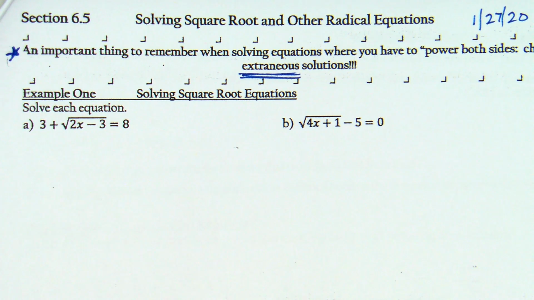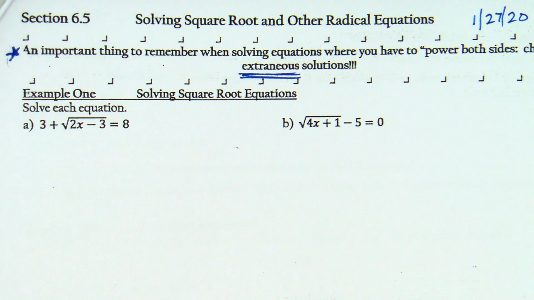You're trying to single out the square root. So single out the square root. I'm going to say isolate the square root, or the radical. Your number one job is to get that radical by itself.